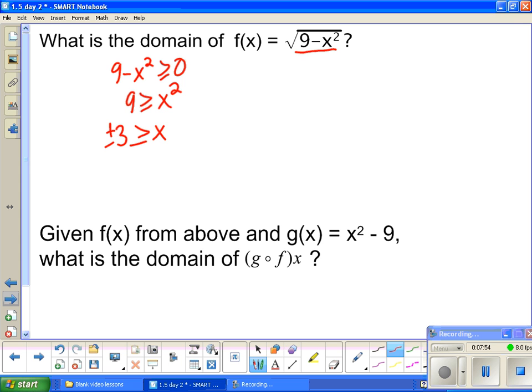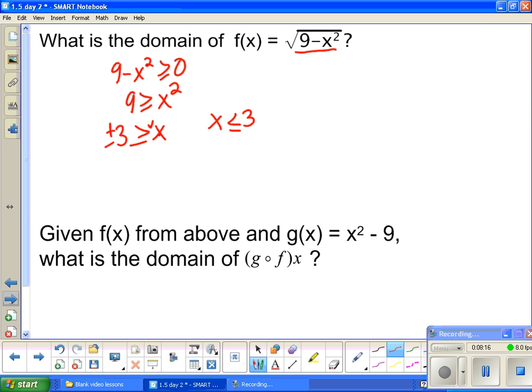Now I have to look at my values and determine which direction and which inequalities are true. First, is x less than or equal to 3 true? For all numbers, x less than 3 is true. If x is 3, it's true. If it's 2, it's true, and so on.